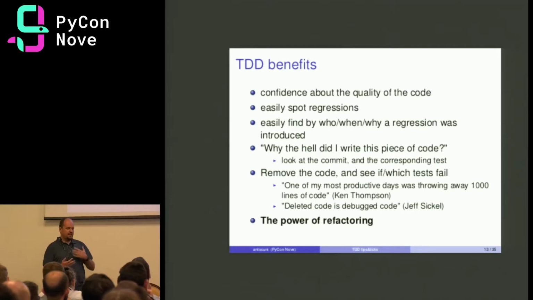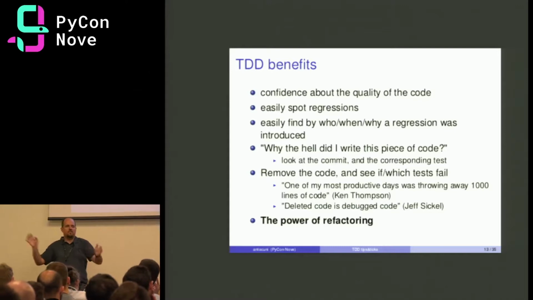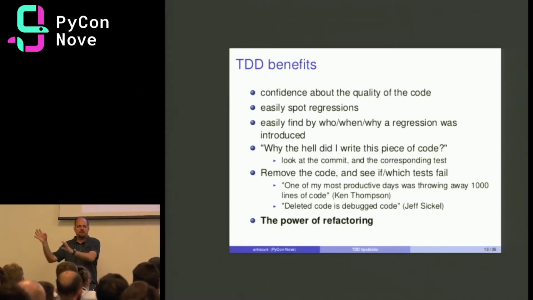By doing this, it's very easy to refactor your code. I've seen code bases in which you have tens or hundreds of lines of code which are never executed, but people maintain them because they are scared to kill them, because they have no idea what's happening.